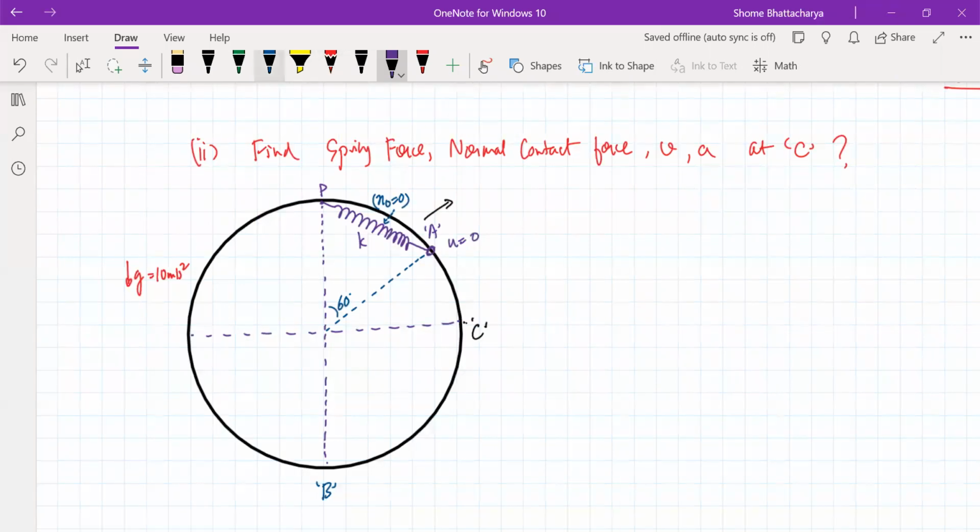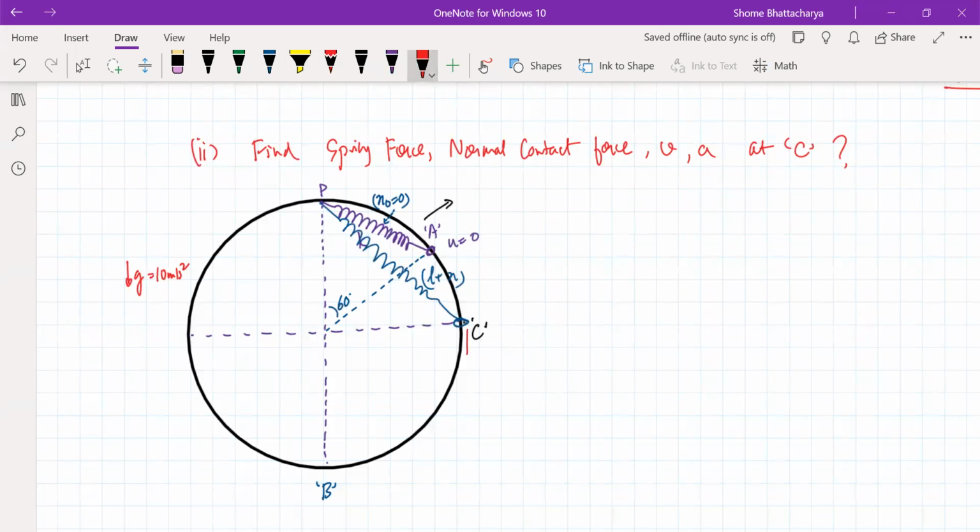Now, by the time it reaches the point C, the spring has become like this, has an extension like this.